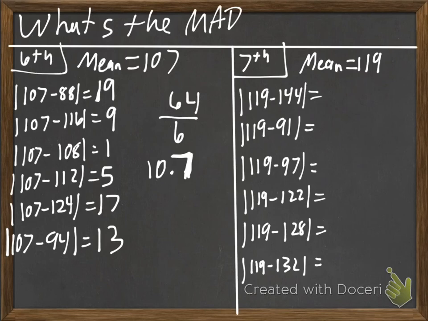And then we do the other one over here. We get 25, 28, we get some big numbers here, 22, 3, 9, and 13.